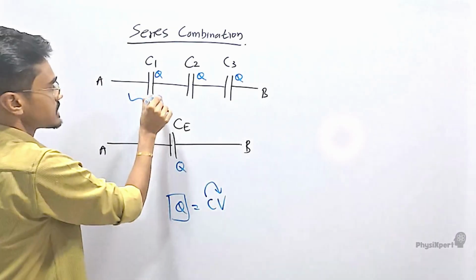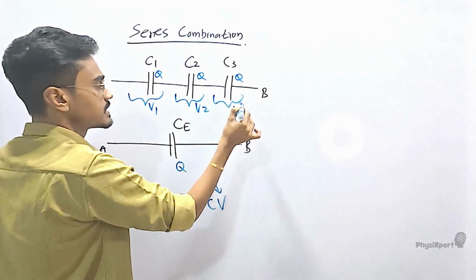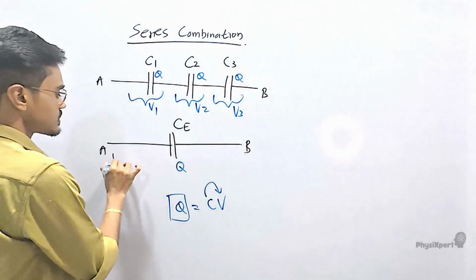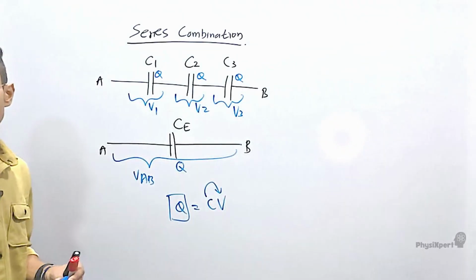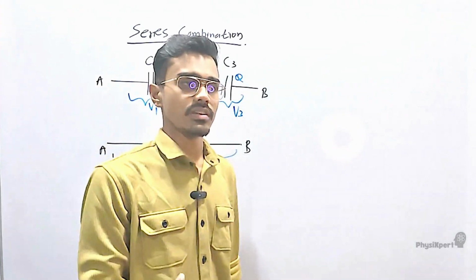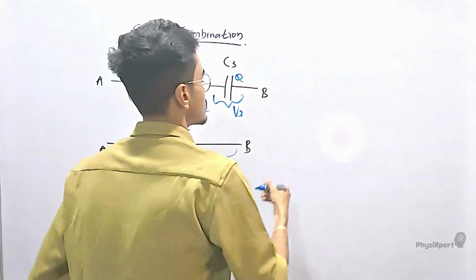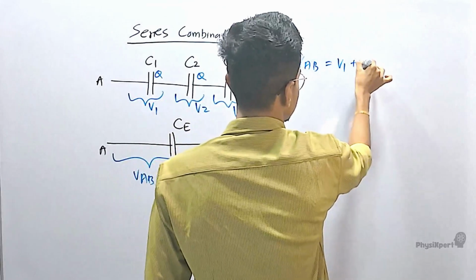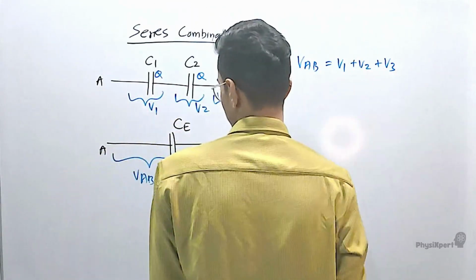So let's consider these potential differences as V1, V2, and V3, and the total potential difference as VAB. Always build up your argument for the different quantity, which is potential difference now. So VAB equals V1 plus V2 plus V3.